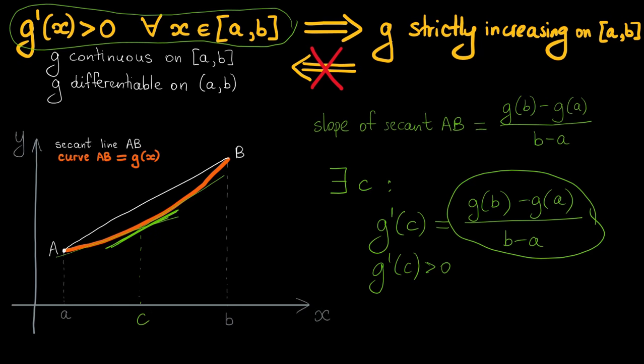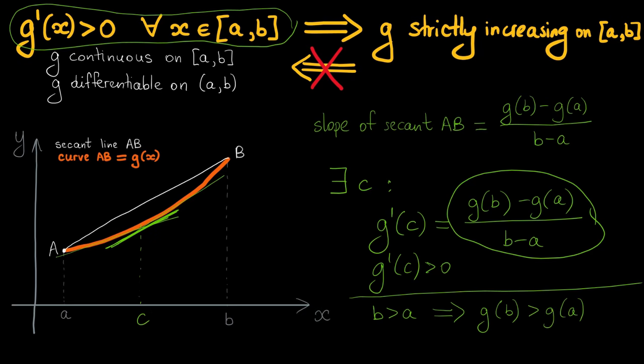And when is a fraction greater than 0? When both the numerator and the denominator have the same sign, either both positive or both negative. In this case, we've taken b to be greater than a based on the graph, so that would imply that g(b) must be greater than g(a).